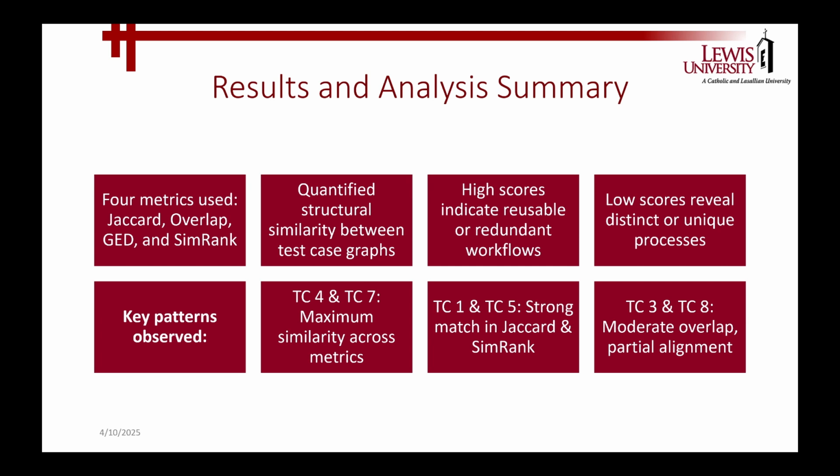High similarity scores consistently pointed to redundancy and reusable structures across test cases, clearly indicating opportunities to streamline test suites and save testing resources. For example, as we have seen, test case 4 and 7 showed maximum similarity across multiple metrics, highlighting their redundant nature.